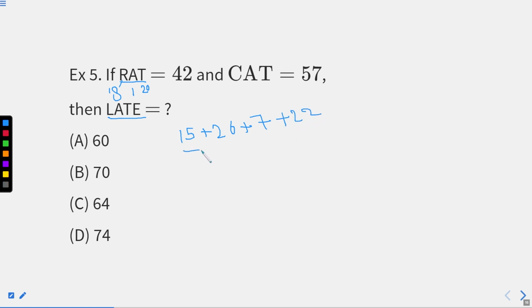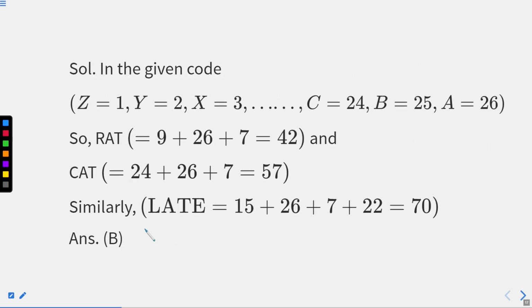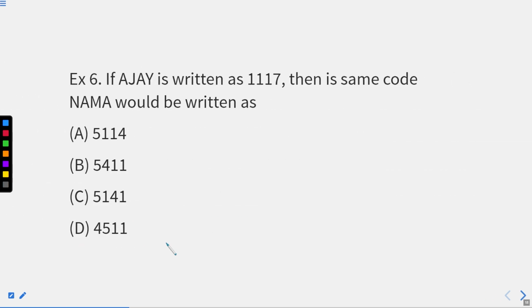Right? And on addition of everything, we are getting 70, which is our option number B. You can see here clearly, right? This is another kind of question that appears when you are dealing with coding decoding. Now we'll move to the next question as well as the next concept.